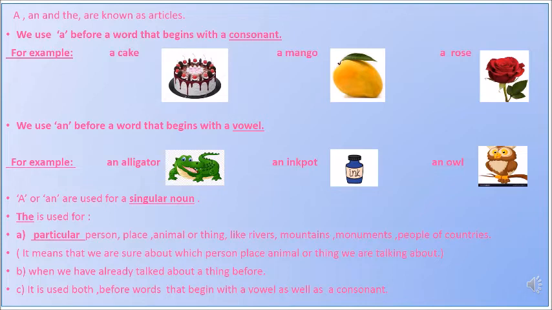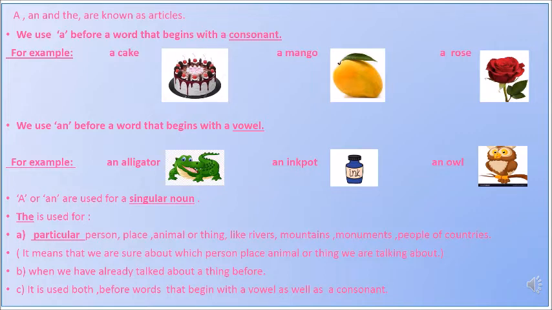And then I say the elephant had big ears, because I have already told you about the elephant that I saw in the jungle. So I am telling you further that the elephant had big ears. I am telling you about the same elephant that I saw in the jungle.